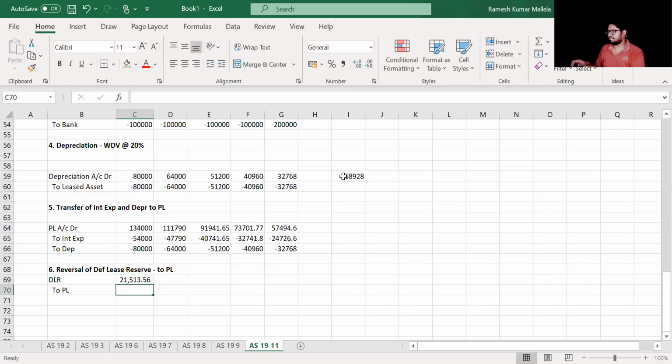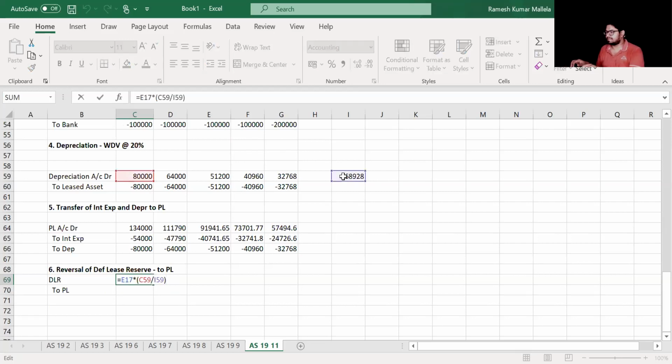So 21,513 is what I'm going to charge in the first year, what I'm going to recognize as income. So what I'll do is apply some restrictions so that the numbers don't change.